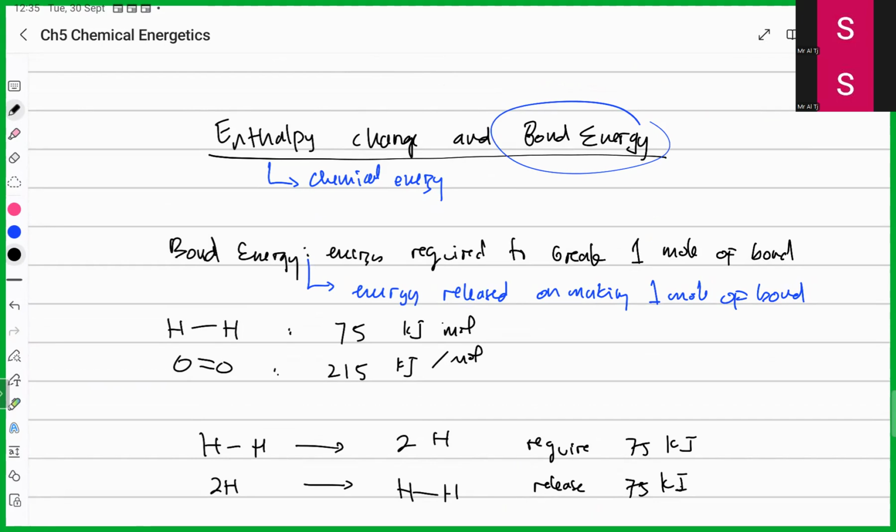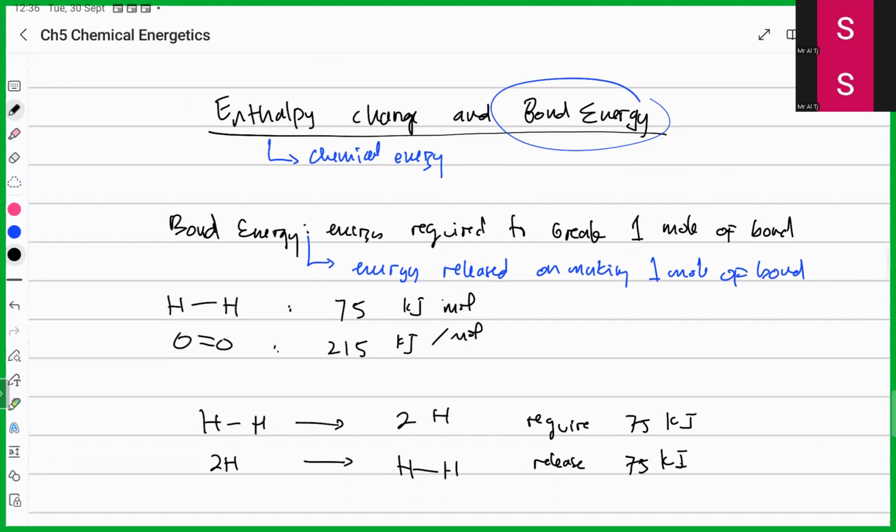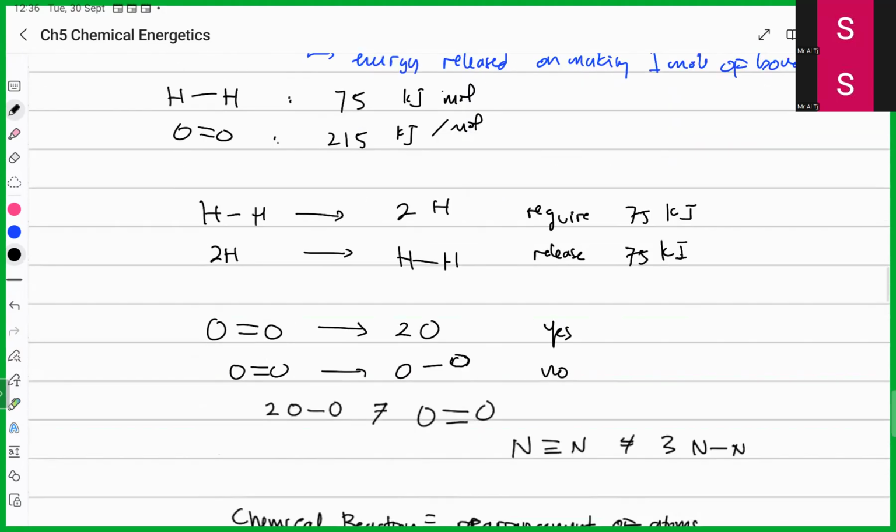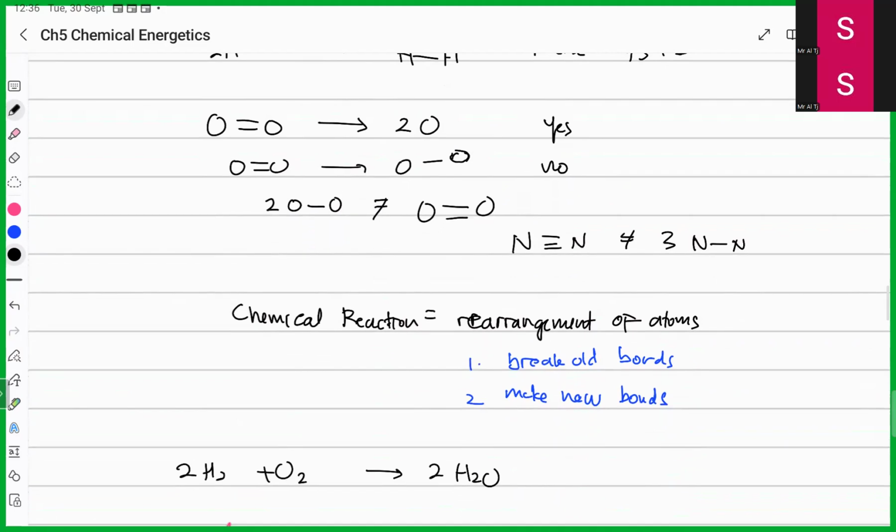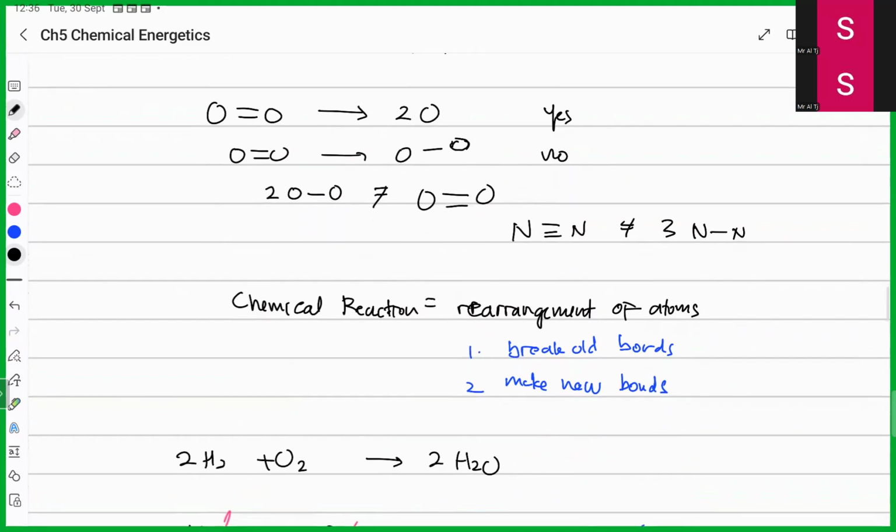Now, the bond energy, the energy that we require to break the bond, is exactly the same amount of energy we are going to release when we make 1 mole of the same bond. So, breaking and making 1 bond, they will be energy neutral. We need to note here that bonds are broken directly. So we don't first break oxygen into a single bond, and then break into individual oxygen.